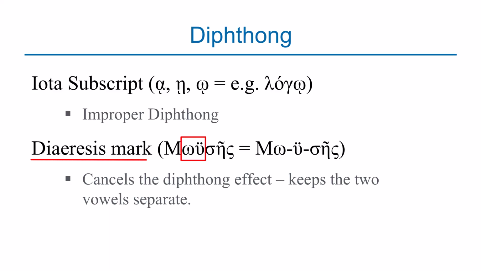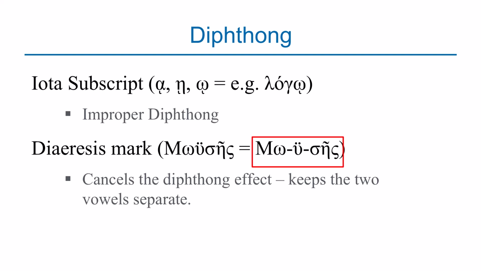A good example that we can give is the word Moses. You're supposed to pronounce it as Moses because these two are a diphthong. But because of these two dots that are on top of upsilon, the pronunciation is not going to be one sound but two vowels that are separately pronounced.